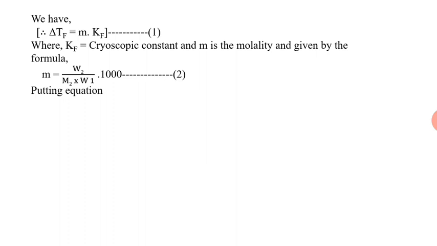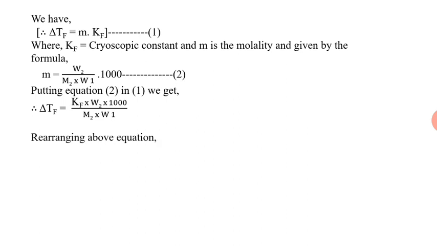Putting equation 2 in equation 1, we get delta TF is equal to W2 into 1000 into Kf divided by M2 into W1. Now rearranging the equation, we get M2 is equal to Kf into W2 into 1000 divided by delta TF into W1.